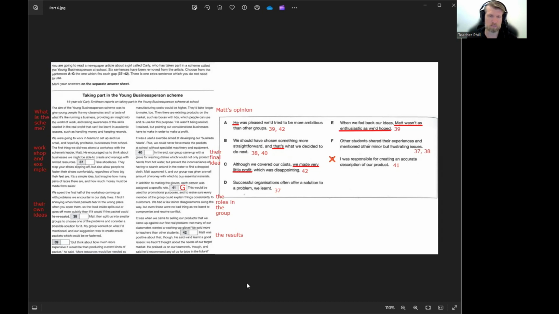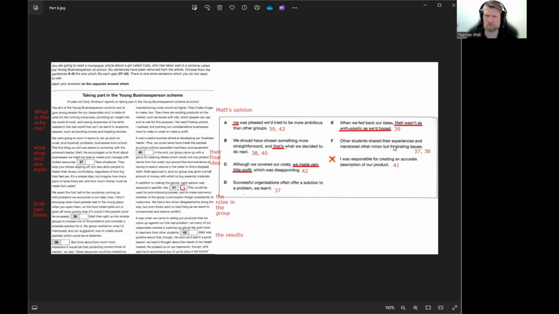I have D, where it says successful organizations often offer solution, and F, other students shared their experiences and mentioned other minor but frustrating issues. So the one problem that I have with this here is that they mentioned other frustrating issues.